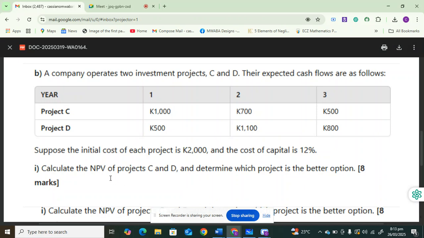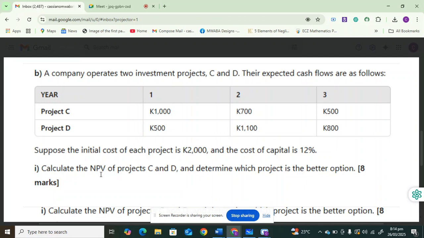So this NPV means the net present value. This is a technique used in investment decisions by businesses. When a business wants to invest in various investments, it can use this technique called the net present value technique.